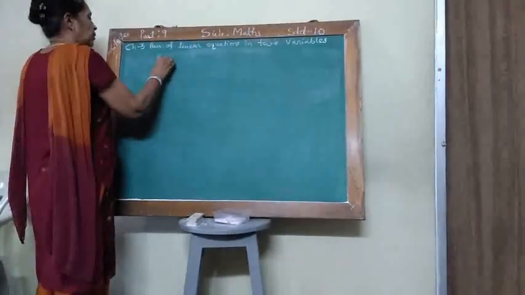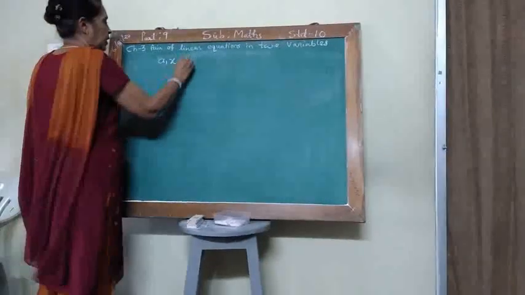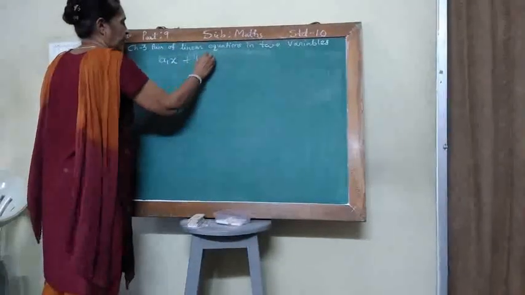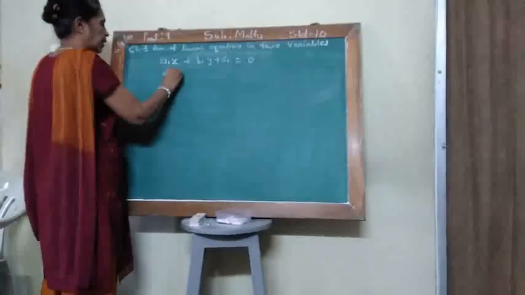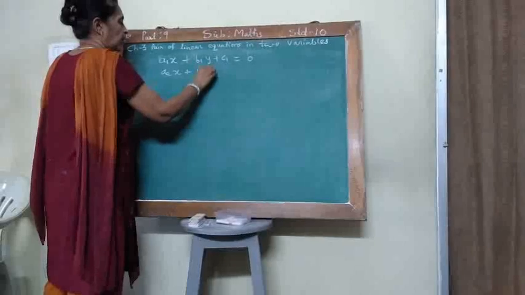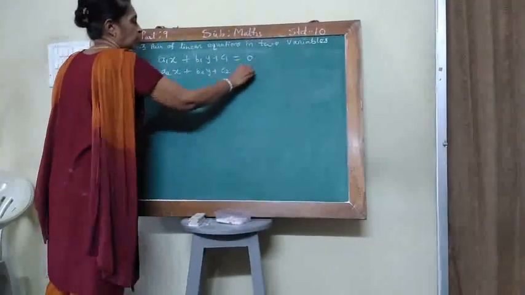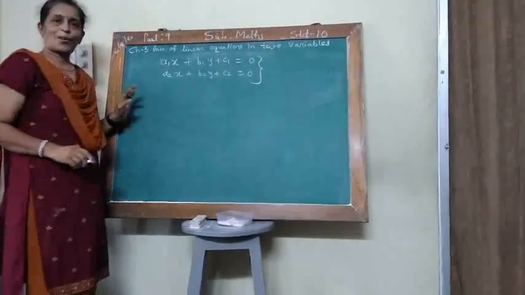Suppose you have a pair of linear equations in standard form like this: a1x plus b1y plus c1 equal to 0, a2x plus b2y plus c2 equal to 0. And you know the conditions.